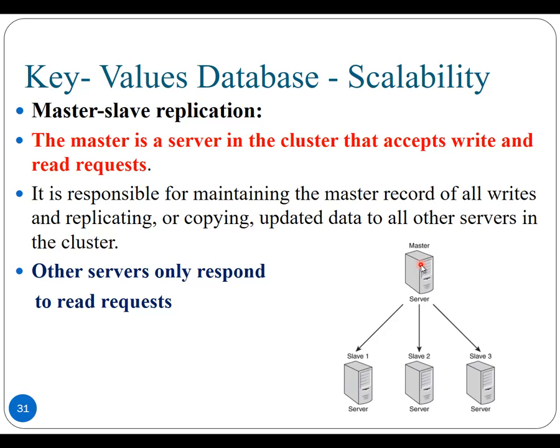The other nodes, these slaves, can only do read operations. So we have a server that can do read and write operations, and then we have some other servers that can only do the read operation.